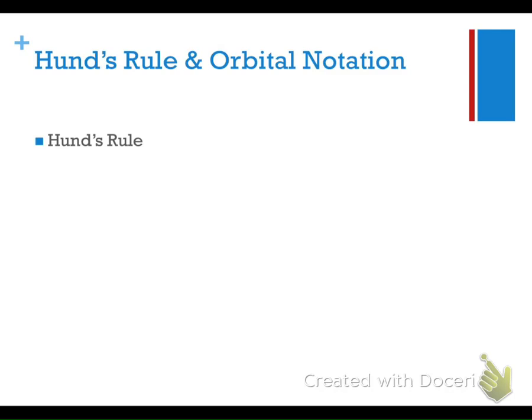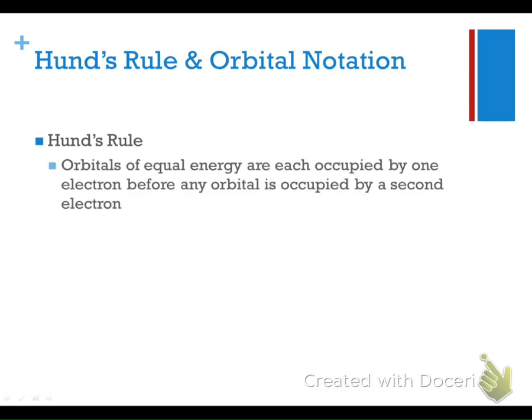We're going to move on to something called Hund's Rule. Hund's Rule tells us that orbitals of equal energy are occupied by one electron before any orbital is occupied by a second electron. So for those p orbitals, let's say these are the 2p orbitals.